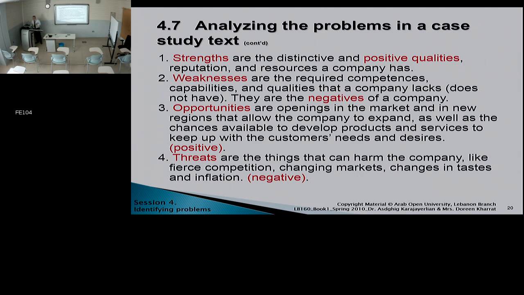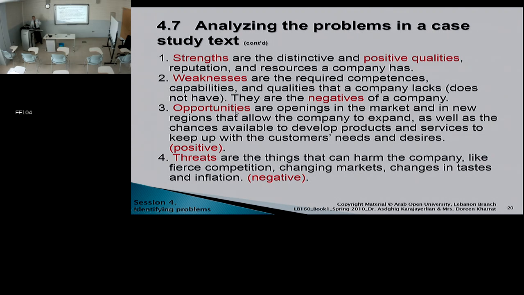And we know how to give examples. Now what we need is examples, but let me quickly highlight the key words for each factor. Strength: distinctive qualities that the company has. The second one, weaknesses, are areas where the organization lacks.